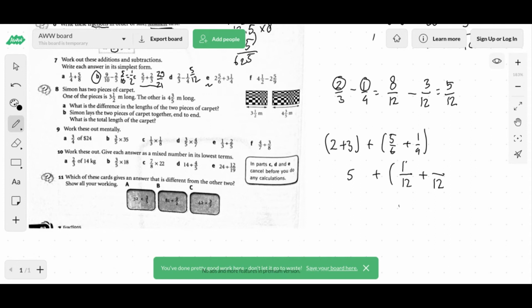And this is becoming 10. This is becoming 3. And yeah, you'll have 5 plus 13 over 12. And if I simplify them, this one can be written as 1 over 12. And I will have 6 1 over 12.